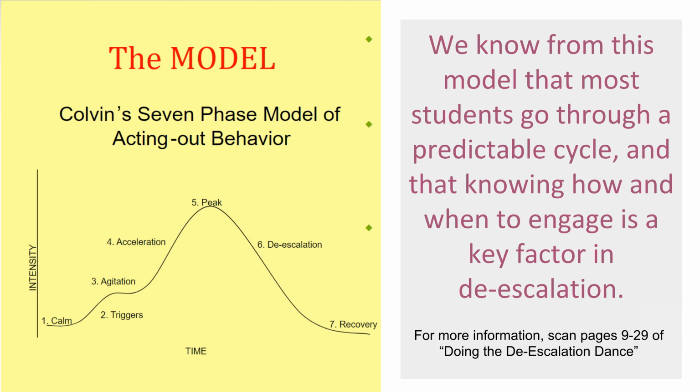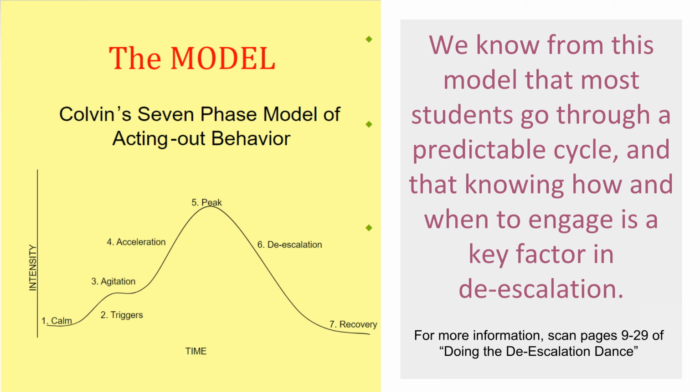This peak could be as simple as a student cursing at another student, kicking them under the table, or it could be as aggressive as a student flipping over tables or chairs in the classroom, destroying property, or even lead to physical altercations. Following the peak, the acting out behavior eventually de-escalates until it reaches the recovery stage.